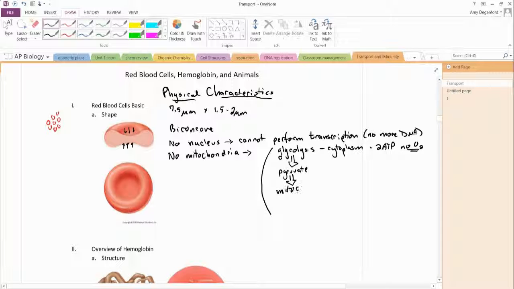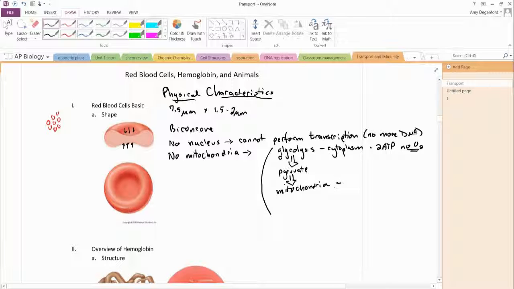And this is why we see the absence of mitochondria, because what will happen in the mitochondria will use oxygen to complete the oxidation of that pyruvate.